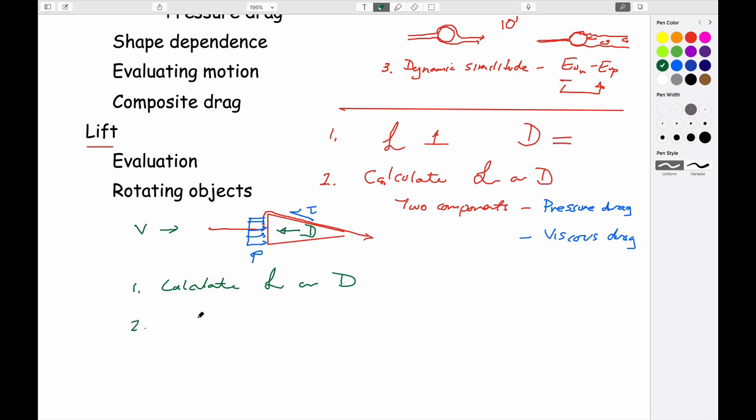The second one is to calculate, from what we talked about, pressure and shear stresses contributing to this. So I want to also calculate lift and drag numerically.